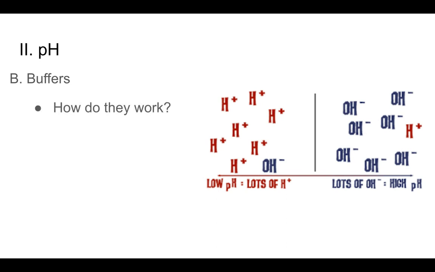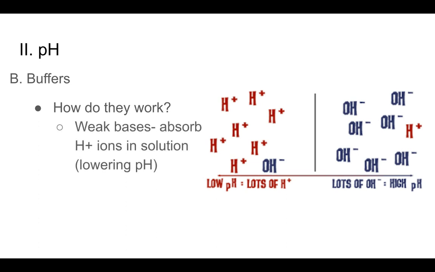So here are the words to write down that describe the concept that I just talked about. Weak bases. So if I need to add something over here to this acidic solution, I'm going to add a weak base. How does it work? Weak bases will dump in here and they will start to absorb or attract these hydrogen ions to themselves, and that lowers the number of hydrogen ions in the solution.